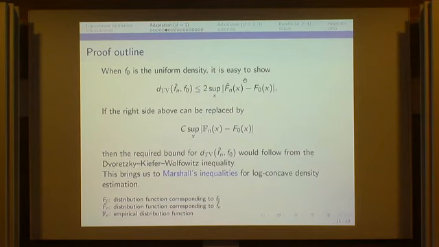We all know that the empirical distribution and the true distribution are very close to each other. So that's why it's important to prove Marshall's inequality for log-concave estimation, since Marshall's inequalities relate these two quantities.